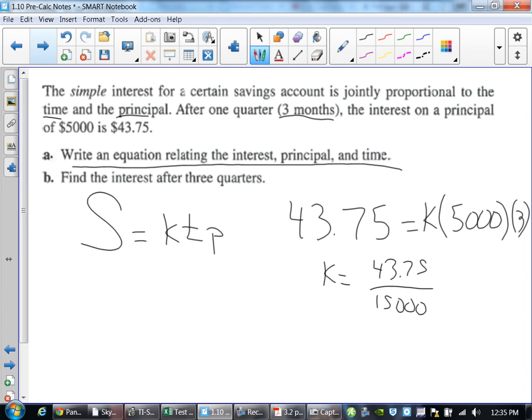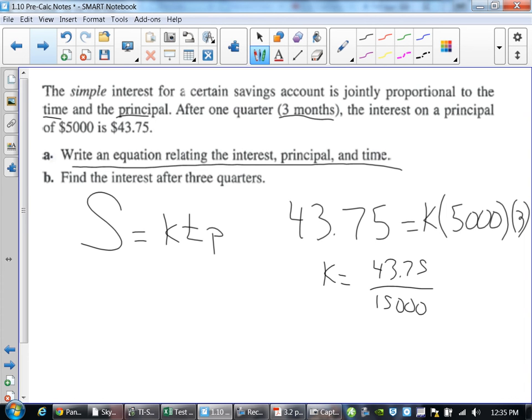It's on 1.10, starts on page 111. Numbers 11 and 12, and then 13 through 25, every other odd, which is like 4 problems. Simple interest there.